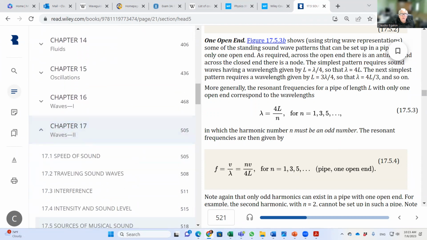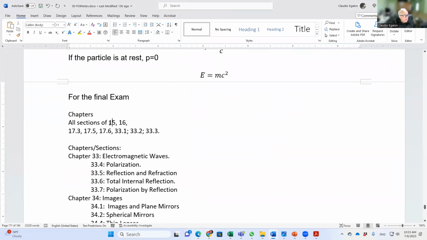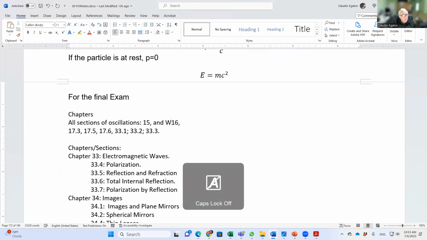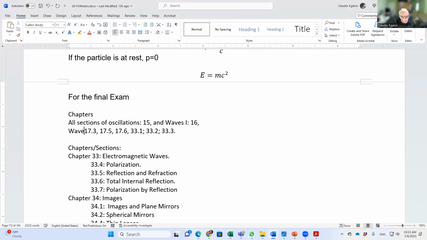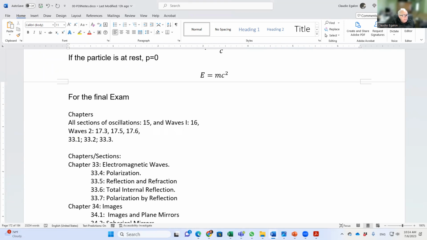Oscillations, waves 1, and here is waves 2.